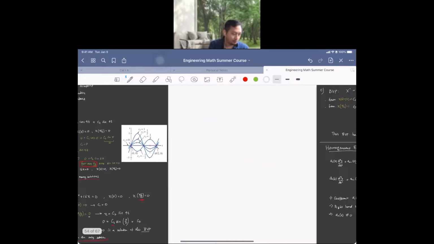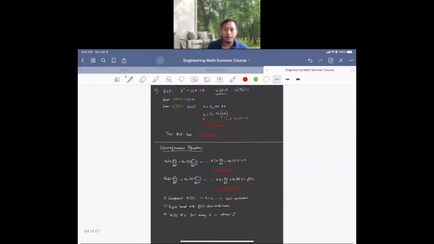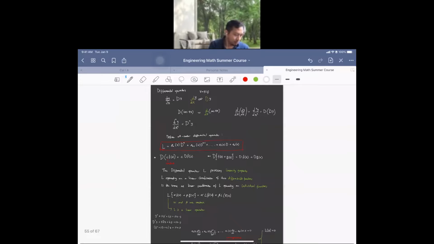Then we have the idea of homogeneous and non-homogeneous equations. This is important because if we are going to solve the non-homogeneous equations, we are going to include the homogeneous one. We also have the differential operators.